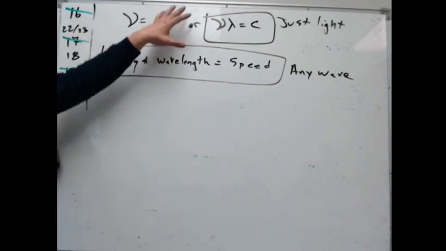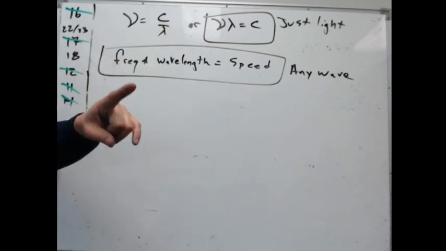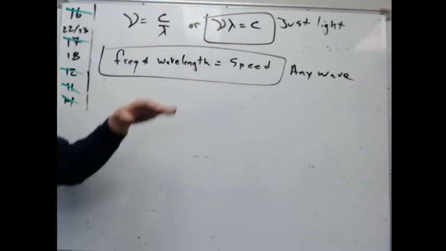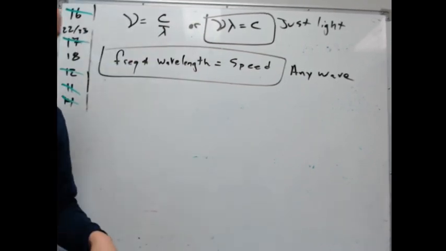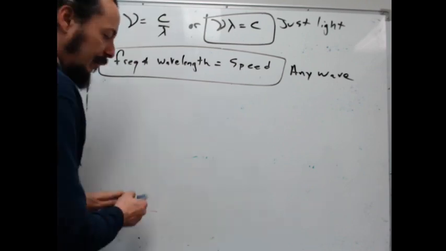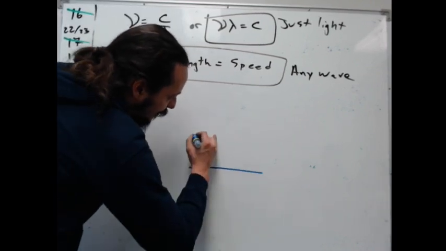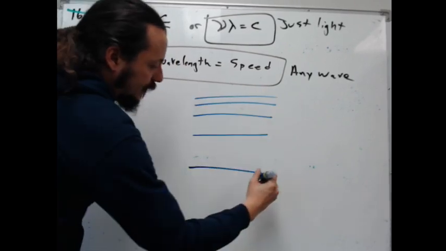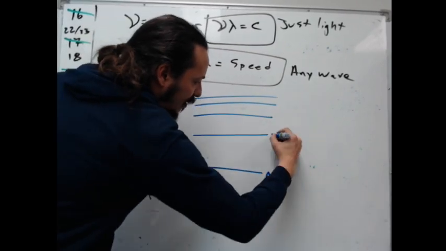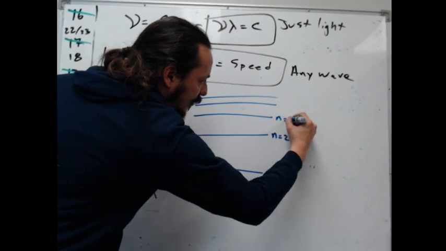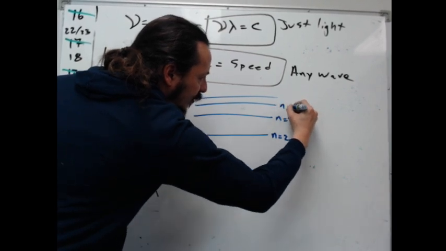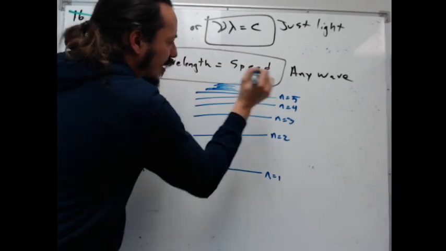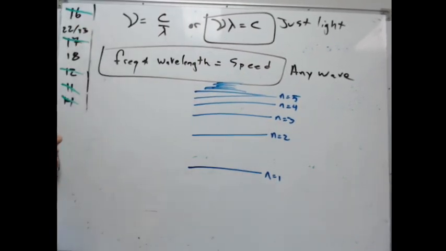We're going to use the same logic as before. What's your lowest energy transition? Let's do a quick hydrogen map of energy levels. This is n equals 1, n equals 2, n equals 3, n equals 4, n equals 5, and we can keep going.